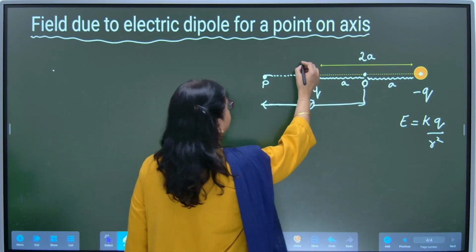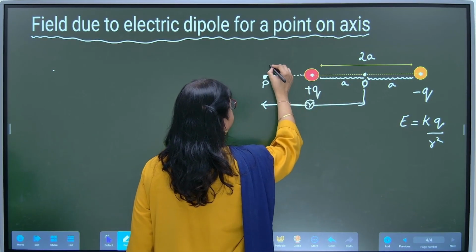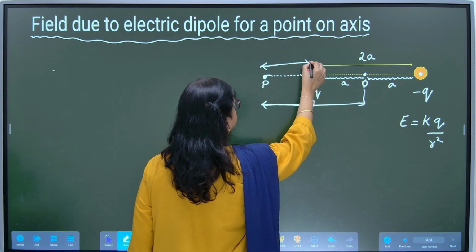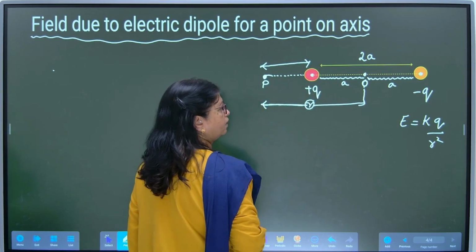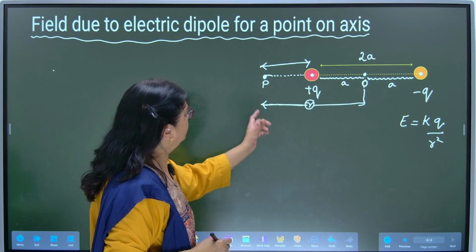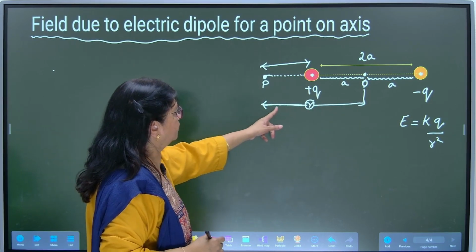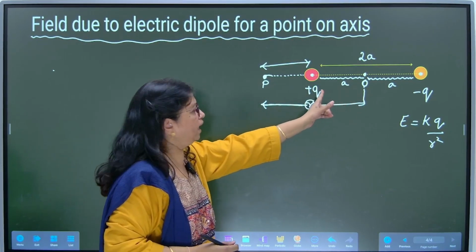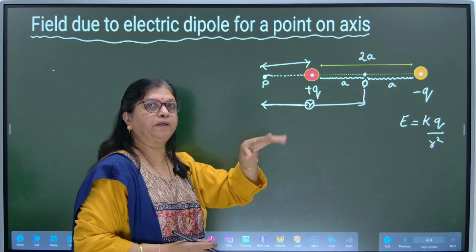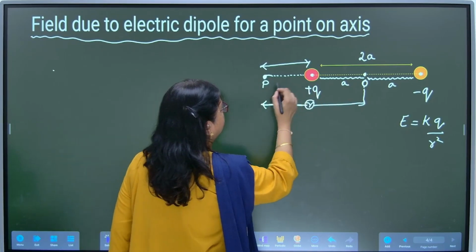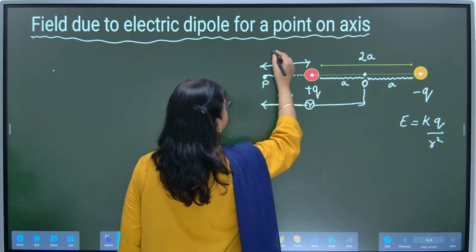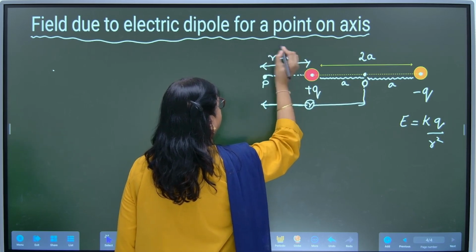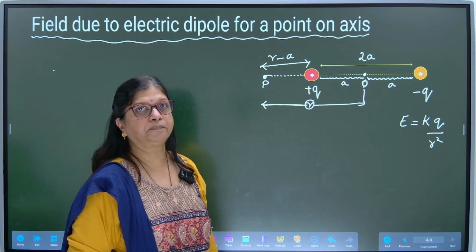Okay, so here we write down this distance from the positive charge to P. How can we get it? This full distance is R. We know because we have taken it. This portion is A. That also we know because we have taken it. So what will be my distance from P to Q? It will be R minus A. Fine.